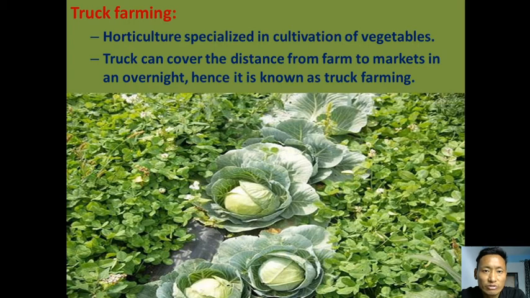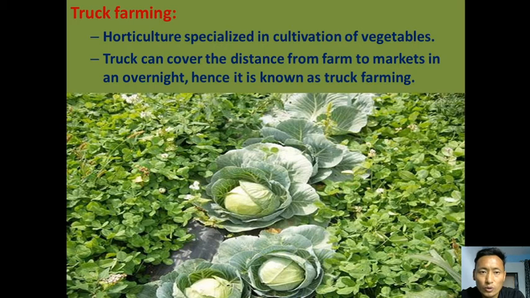Why? Because a truck can cover the distance from farm to market in an overnight distance. Hence it is known as truck farming. So the location between the farming land and the city is an overnight distance. That means a truck can cover the distance from farming land to the urban center overnight, that means 12 hours.